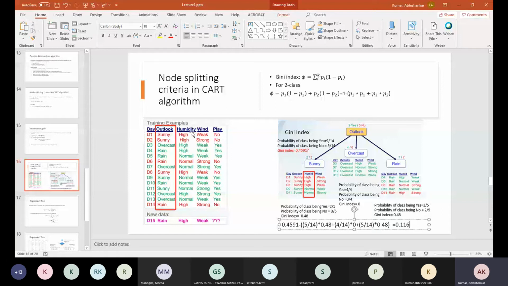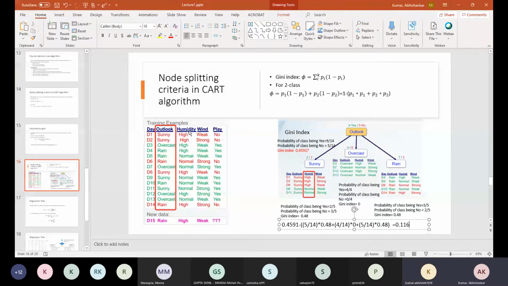Let's say if you go and do it for humidity, and if we do it for wind, what will be the gain? Now we are getting 0.116. Next time if we do it for humidity, maybe we will get 0.12. If we do it for wind, maybe we'll get 0.09.